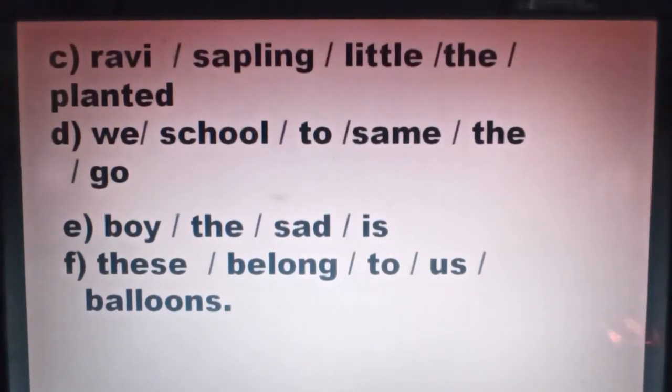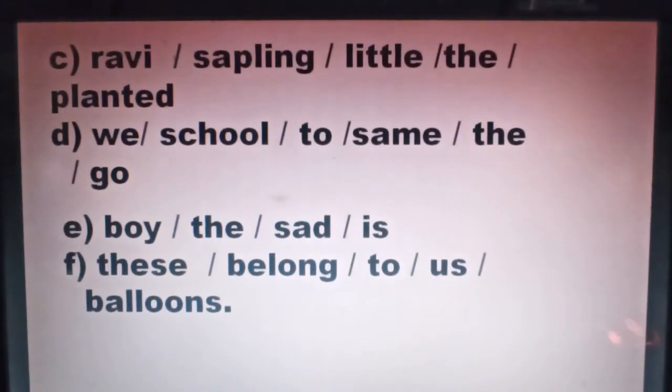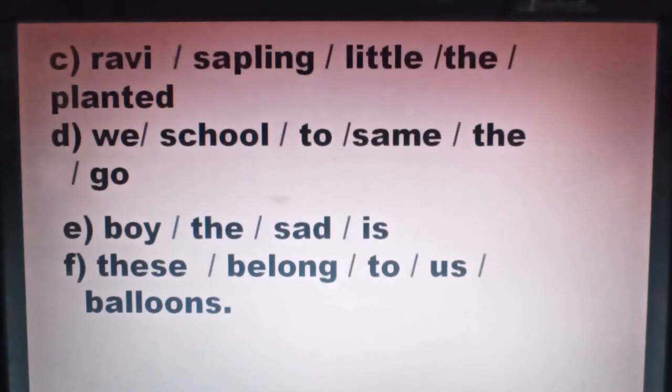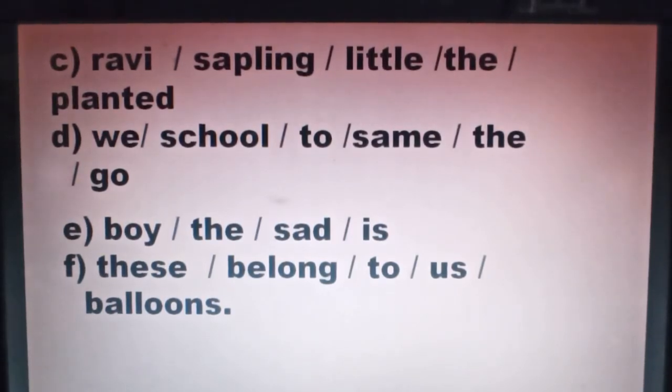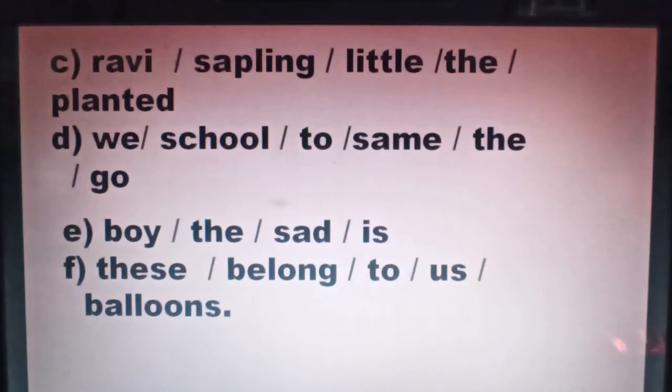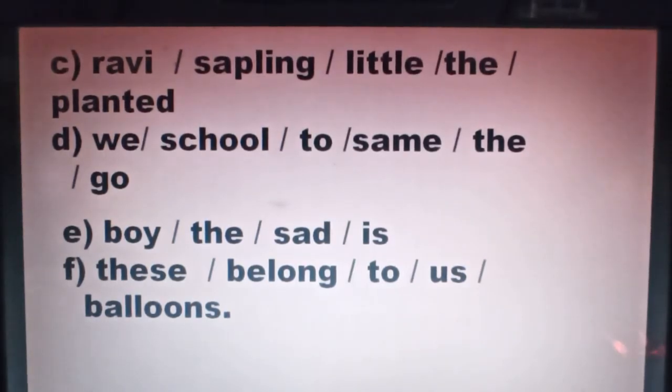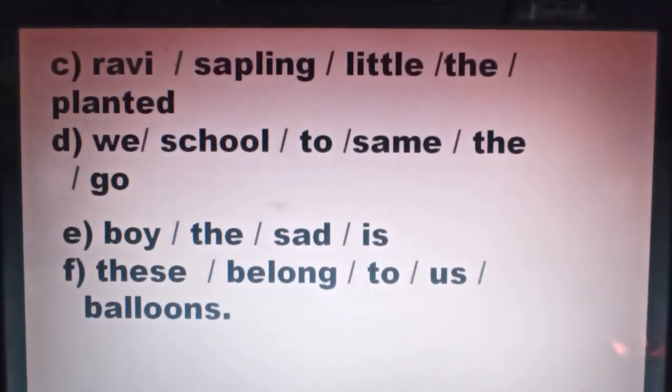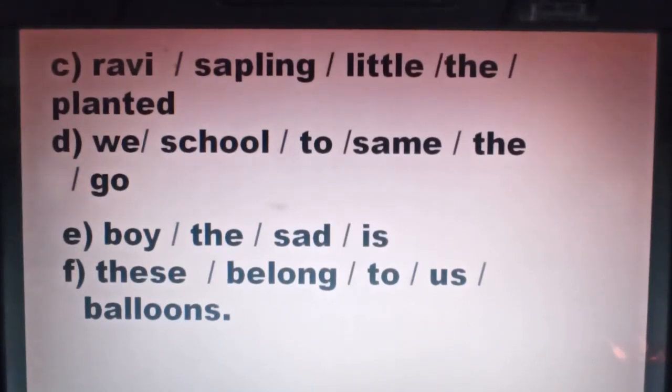So you have to make sentences from the groups of words given over here. आपको इन शब्दों के समूह से वाक्य बनाने हैं. You have to do this work in your notebook carefully without making any mistake, because I have given you the explanation regarding how you arrange the words.